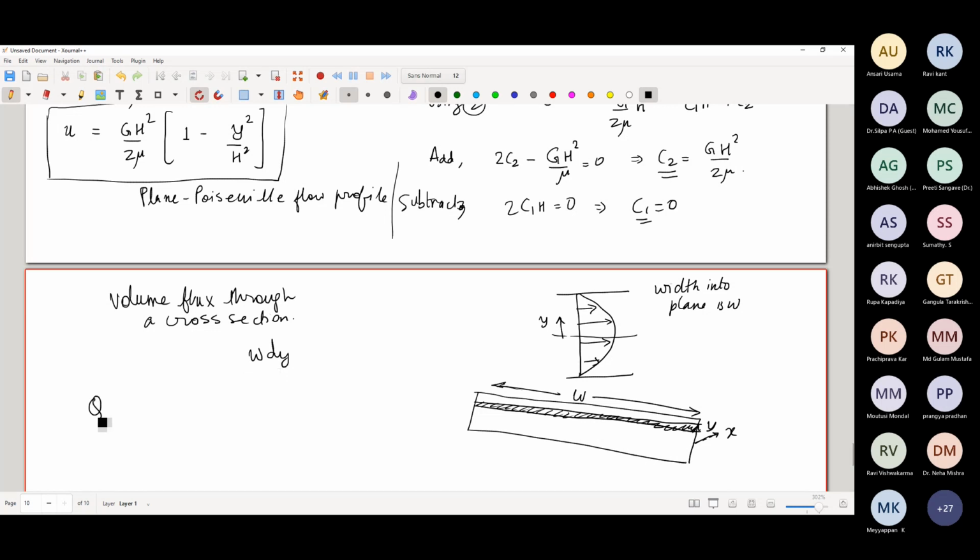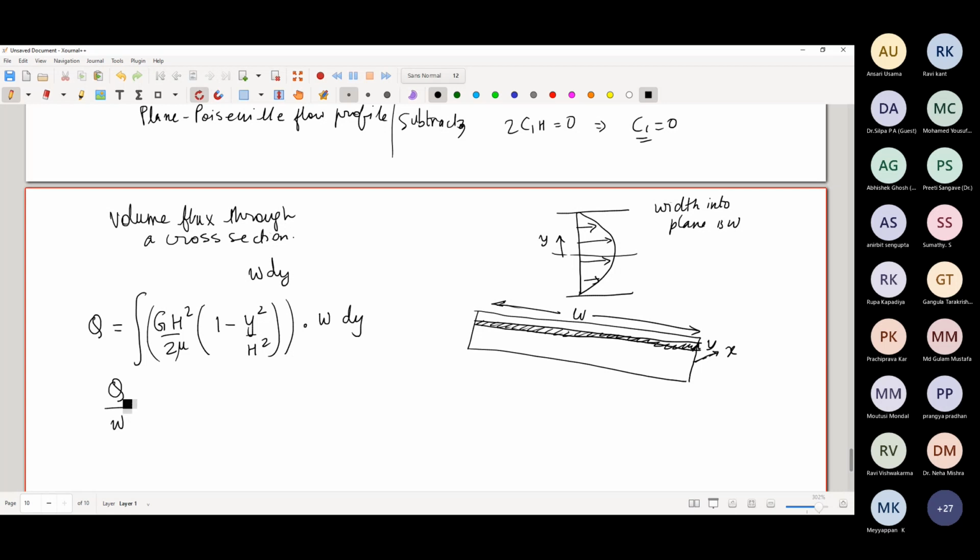So the volumetric flow rate will be equal to Gh square over 2 mu times 1 minus y square over h square. This is the velocity, and we must integrate this multiplied by W into dy. This is the width into the plane, not the W component of velocity.